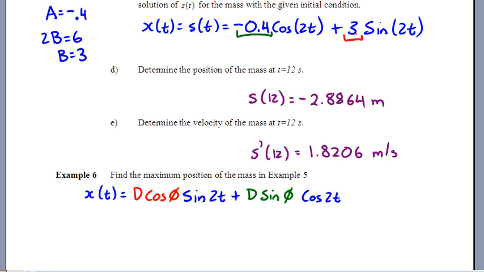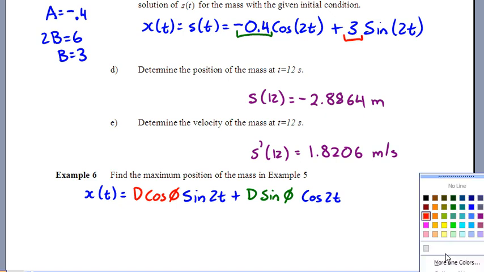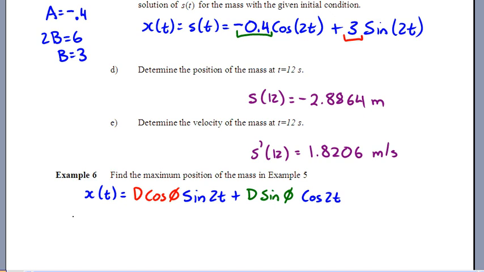Okay, well, if we stack one on top of the other, we could say that D sine of phi on top of D cos of phi, that would be just tan of phi. That's got to be the green thing, negative 0.4, all on top of the red thing, the 3.